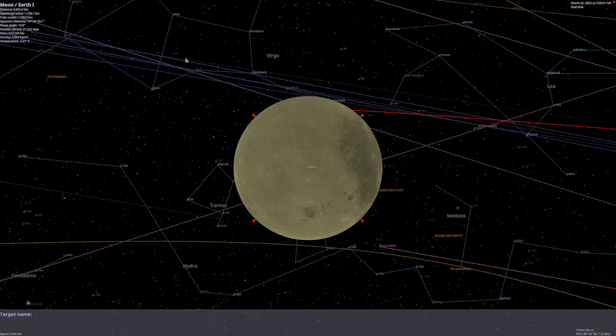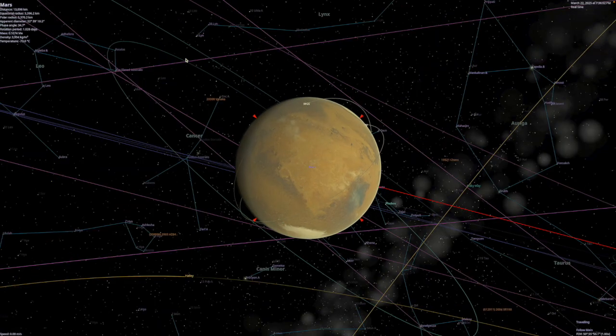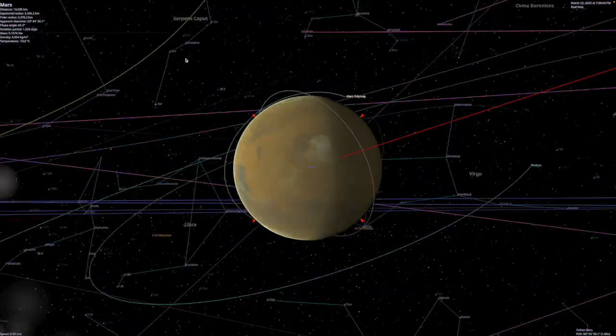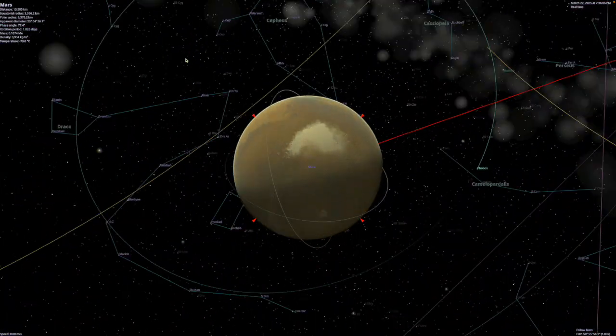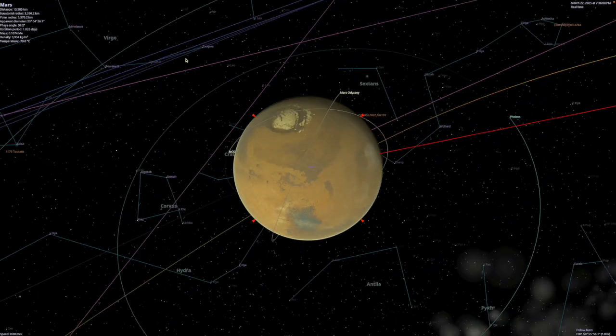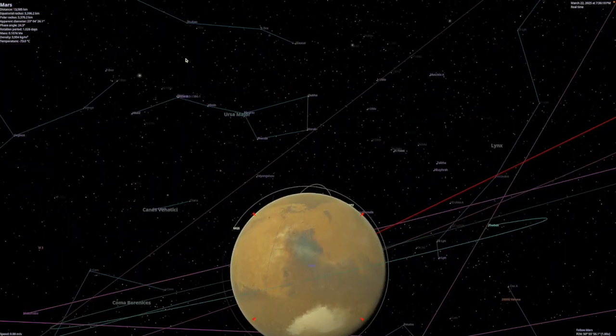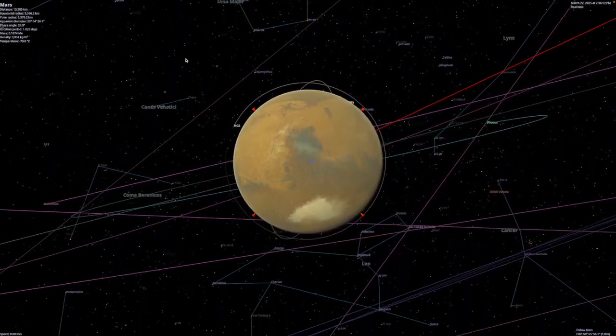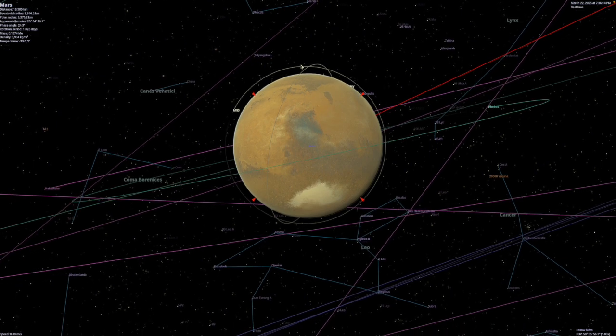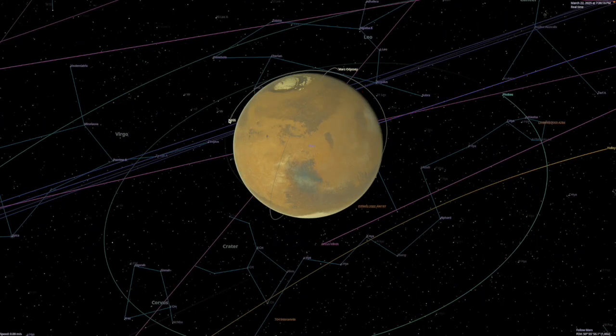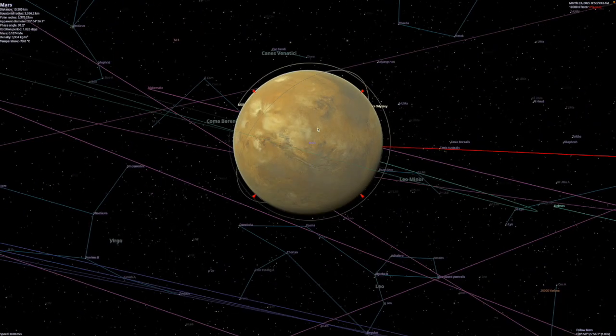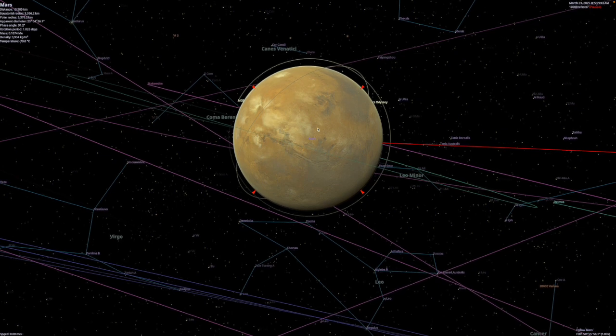So next we have Mars. It's the red planet. Here it is. And you can also see its own north and south pole. There's not that much ice, to be honest, or snow I guess, but there is ice. Before we go further, I want to show you Valles Marineris, which is the biggest canyon in the solar system.